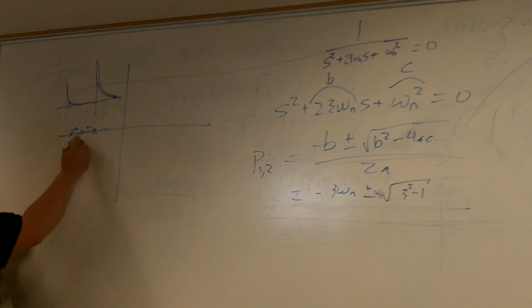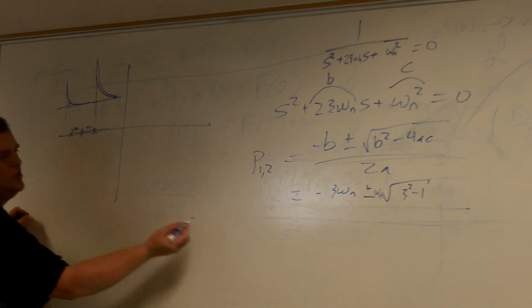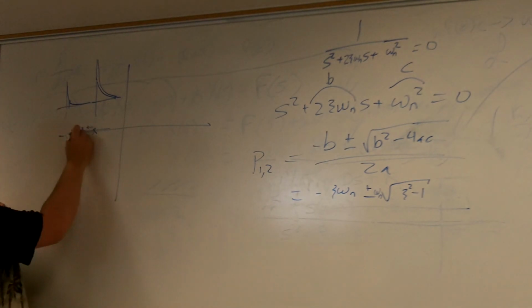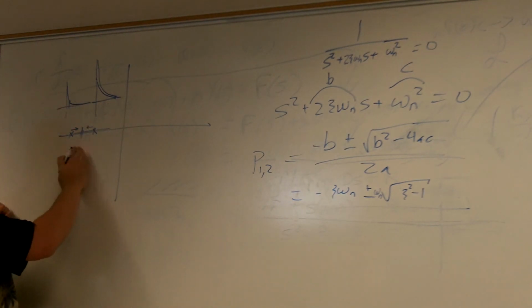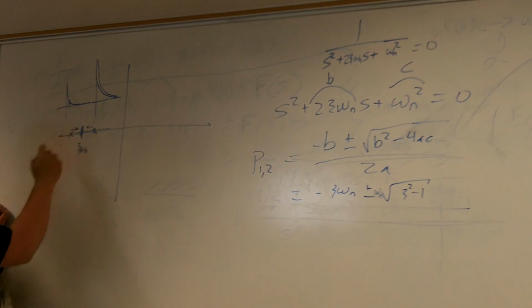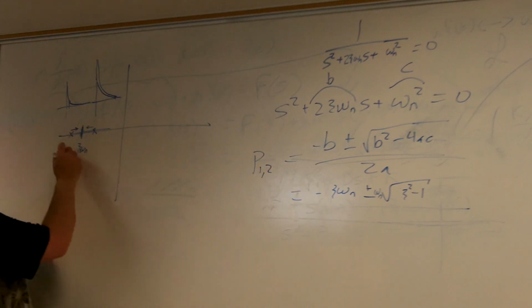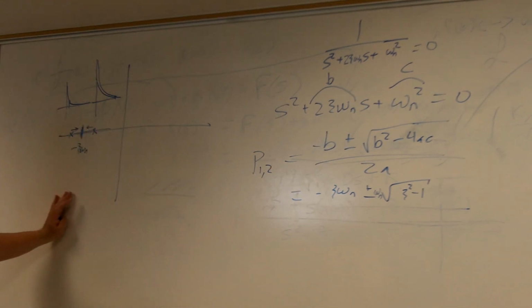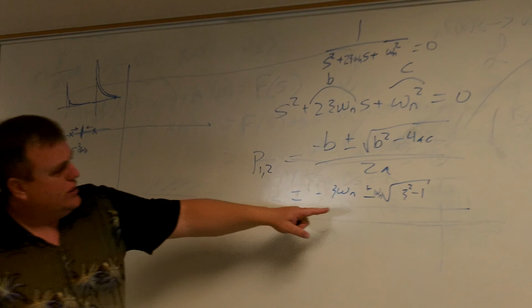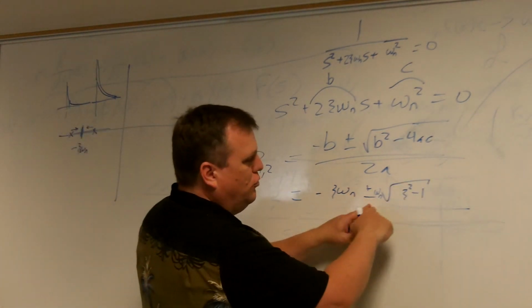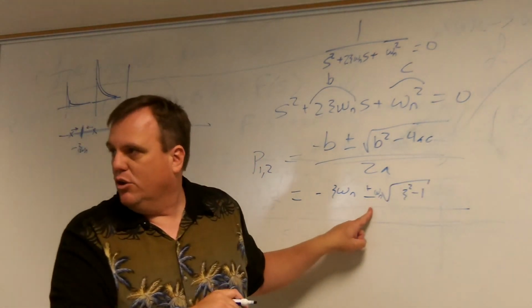If you want to think about it, zeta omega n is this kind of middle location. Zeta omega n, that's this midpoint. Technically minus zeta omega n because I'm in the left half plane. But this is therefore the distance the two poles are away from zeta omega n.